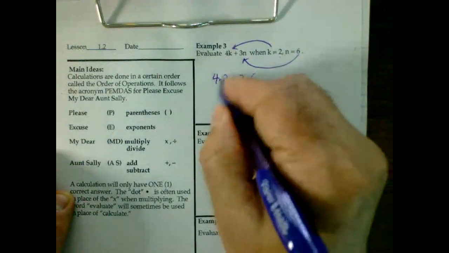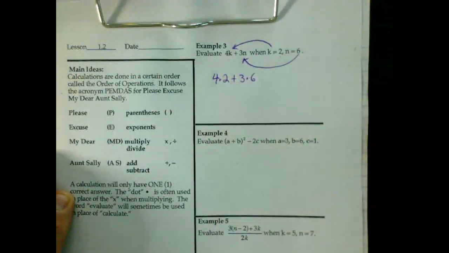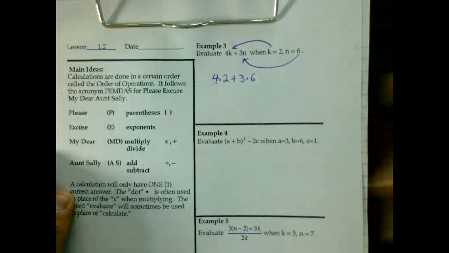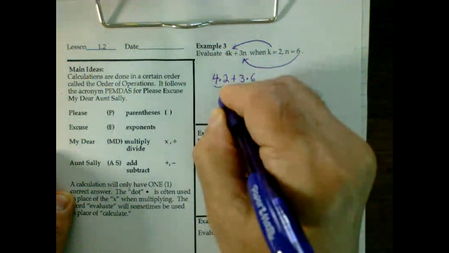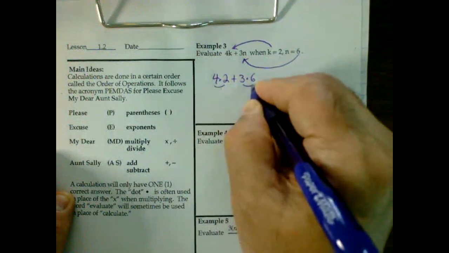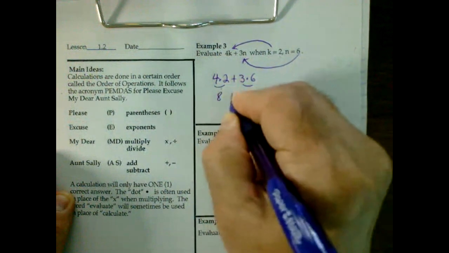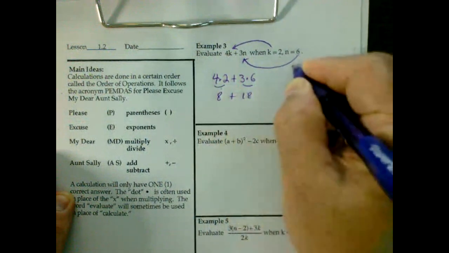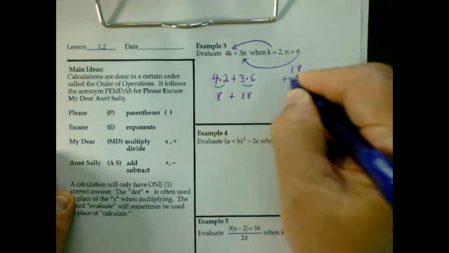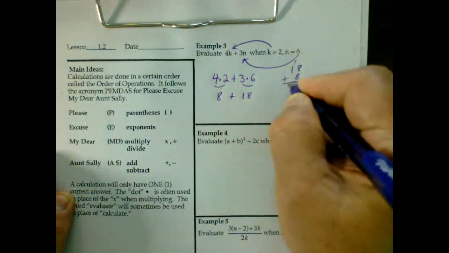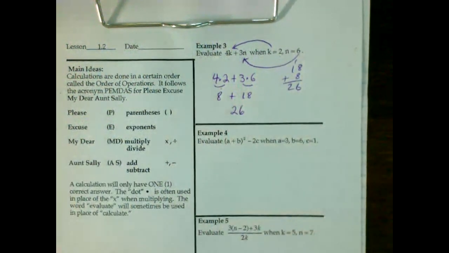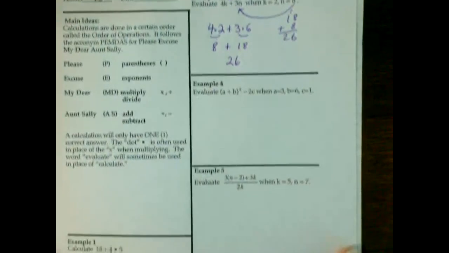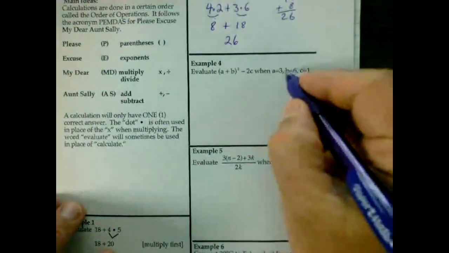I didn't want to use an X because it might be confused with the letter X, an unknown. We do the multiplications first. The one on the left first, the one on the right second. 8 plus 18. If I do the arithmetic here, I want to get 26. And you're done.